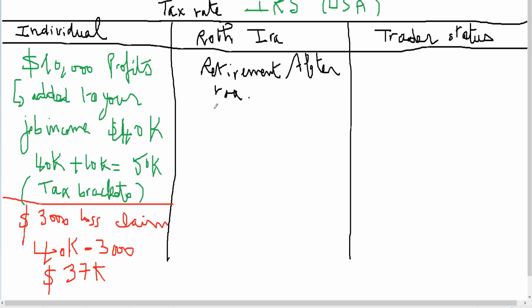Here is the thing. Let's say you have been saving some money during one year or two, and let's say you have $5,000, just an example, okay? And you want to open an account. So you go to the individual, and you say, okay, there are profits, there is tax.